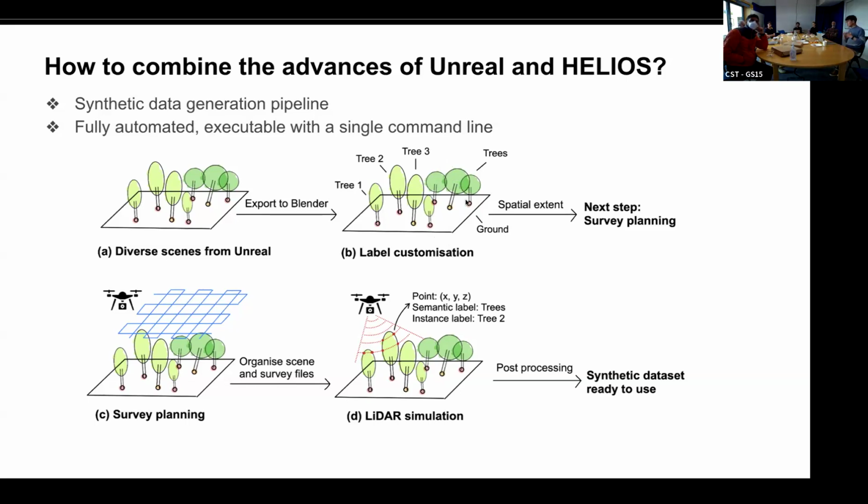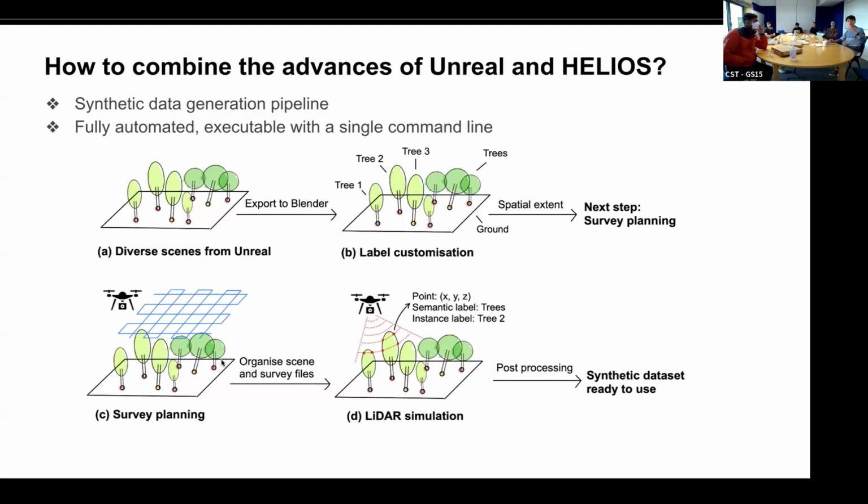And given the spatial extent, we need to do the LiDAR survey. This is really similar to how a drone is flying in the real world. So we need to do the survey planning to decide what scanning model we need, what the flight path should be, and what the flight speed is, and many other parameters like the laser frequency, things like that.